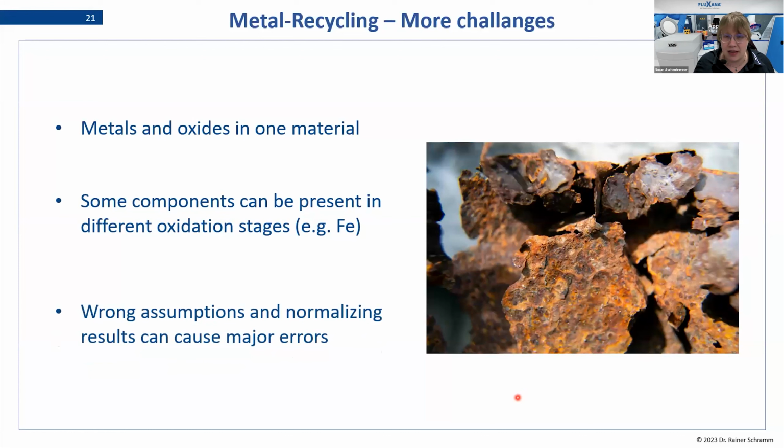If I think it's Fe2O3, but it's a different iron oxide, there might be more or less oxygen inside my sample. And if I'm now going to normalize my sample, I will cause major errors because I don't know my whole sample. So this has to be taken care of.